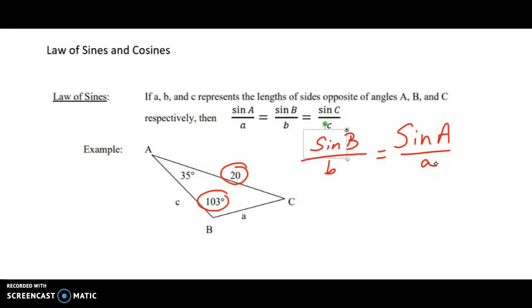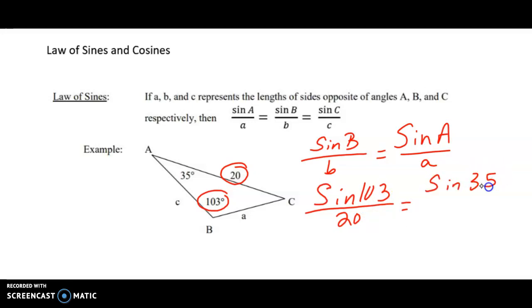You're only going to use two of those ratios at a time. And then you just fill in your information. So the sine of 103 over 20, because that's the side length, equals the sine of angle A, which is 35, over little a, and that's what we would be looking for.